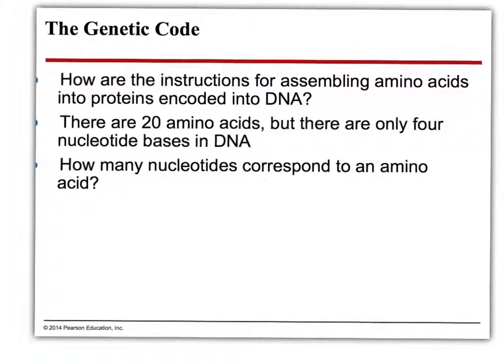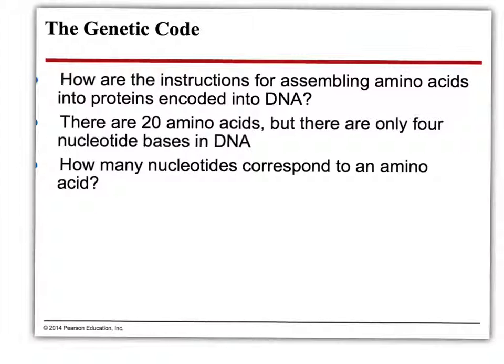The code itself is what we call a triplet code. There are at least 3 base pairs necessary to code for an amino acid, which will then be part of your proteins. The instructions for assembling amino acids are found along the letters of the RNA that is transcribed off the DNA that codes for the gene.